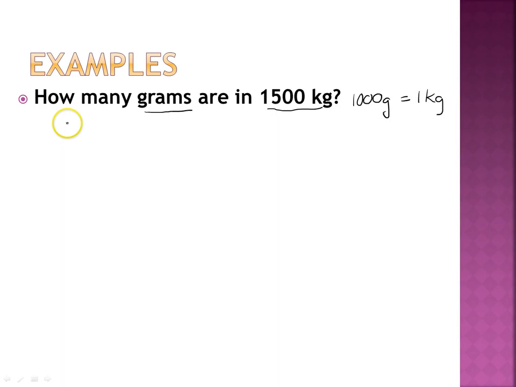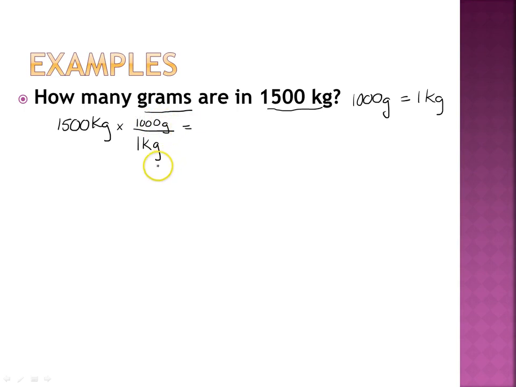So now I'm going to write my relationship as a fraction. First I start with my given. What do I have? I have 1,500 kilograms. And now I'm going to write my relationship as a fraction such that the unit that I want to get rid of is on the bottom so that it can cross cancel. The unit that I want is on the top.